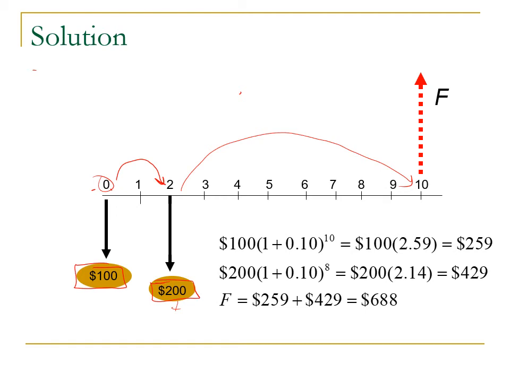So, let's first find the future value of this 100 in 2 periods. So, I will write F1 will be equal to $100. This is just a notation, F1, F2, F, etc. So it's not important. Don't be confused. What does F1 mean? What does F2 mean? And so on.